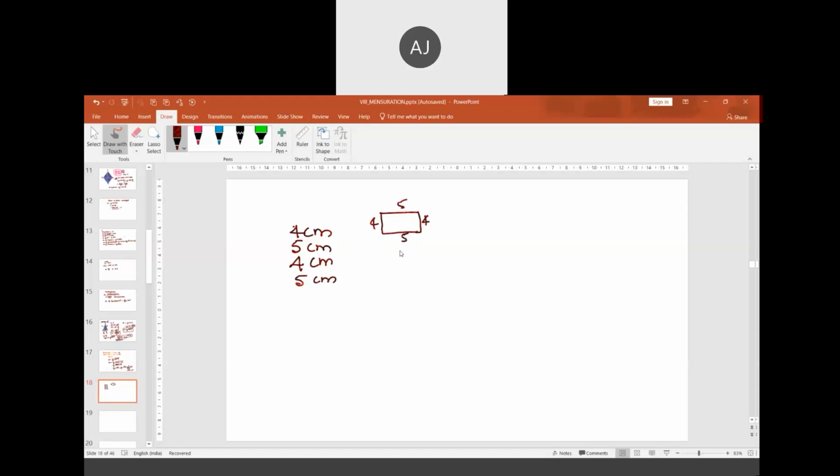There's a diagonal of 8 centimeters. Rectangle or parallelogram? The diagonal is 8. And one altitude is 2 centimeters. Find the other altitude. Is that the question? No, sir, you have to find the area.